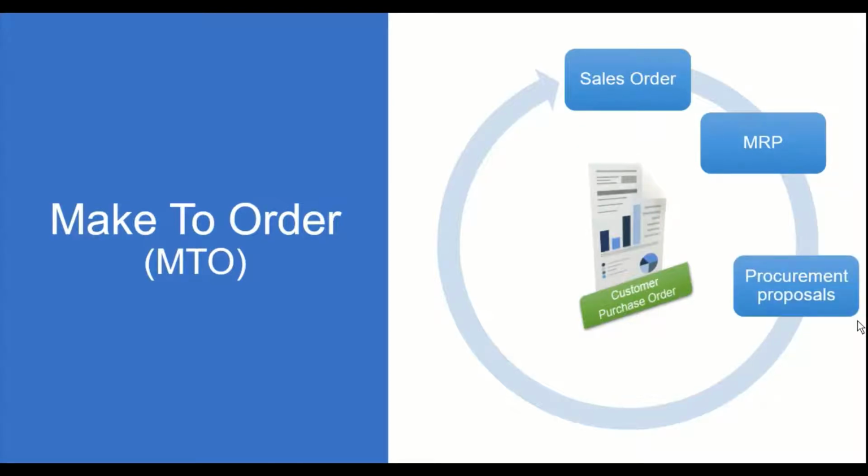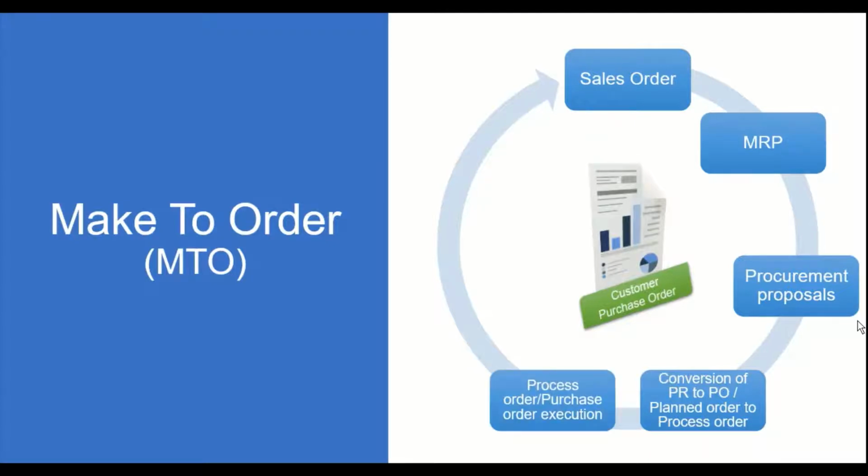So now the procurement proposals are created, and the next step is the conversion of the purchase requisitions into purchase orders, and then the procurement process is going to be initiated. And after that, once we have the stock replenished in the plant, I mean to say for the raw materials and the packaging materials, so now we are good to start the manufacturing process.